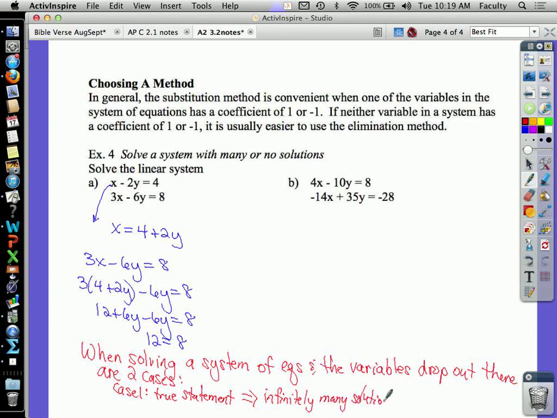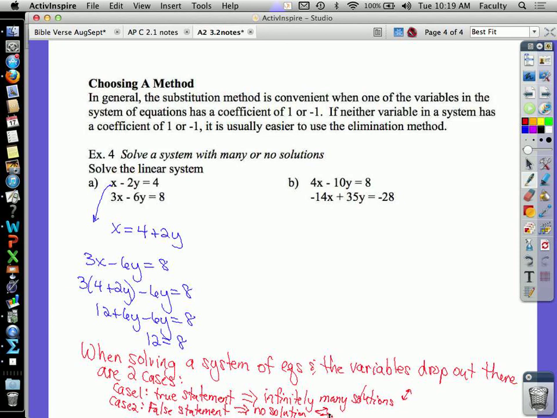Graphically, that means it's the same line. Okay, so when solving a system of equations and the variables drop out, there are two cases. Case 1, you get a true statement. There's infinitely many solutions. Case 2, you get a false statement. And that means there's no solution, and it's actually the case graphically where you have two parallel lines.